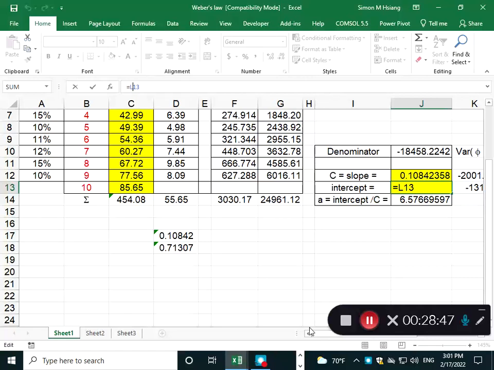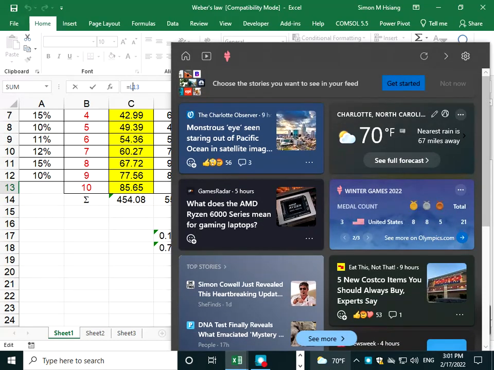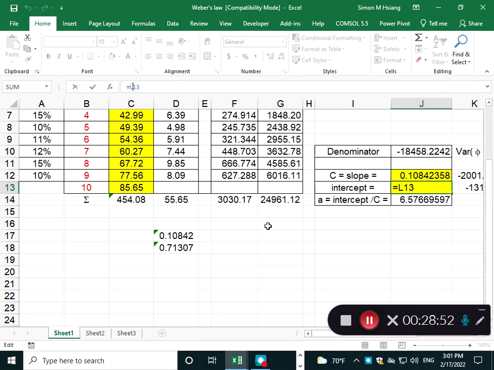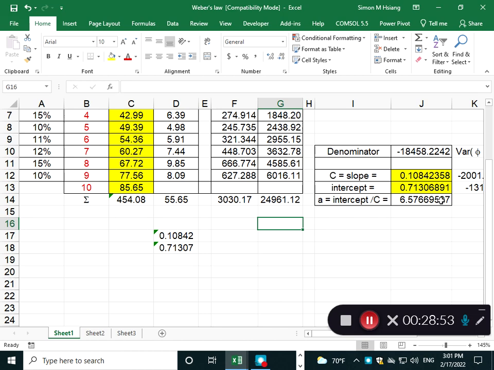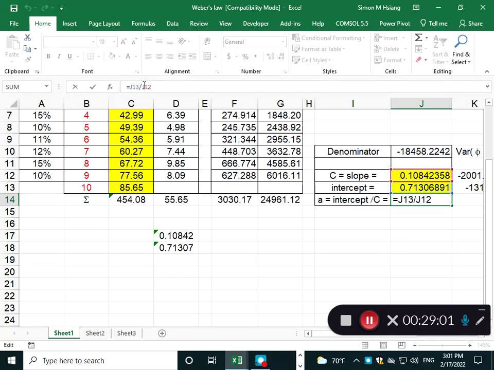So intercept divided by your slope, okay? You get your internal noise.